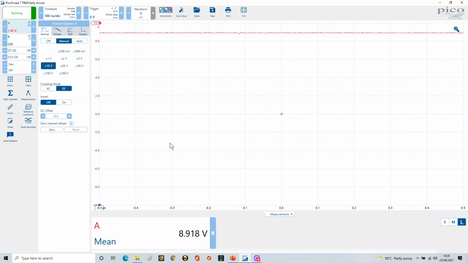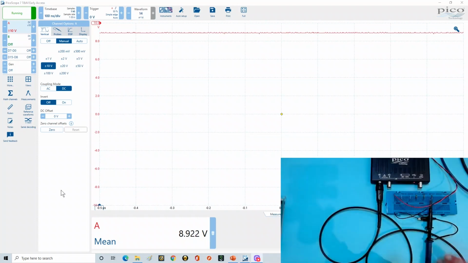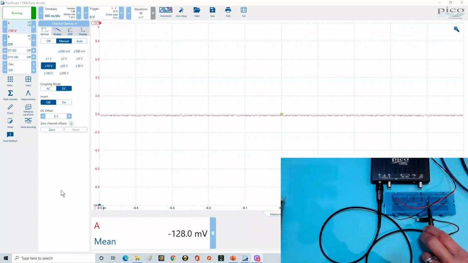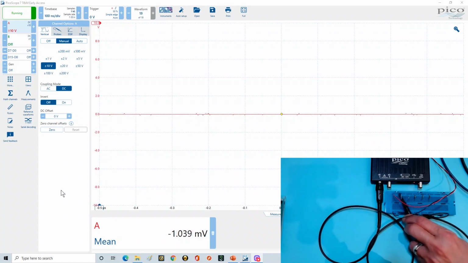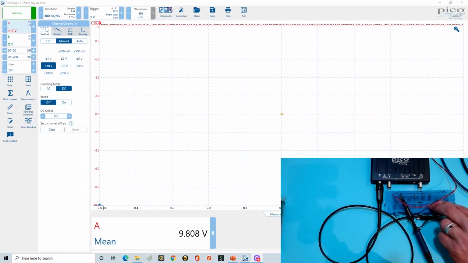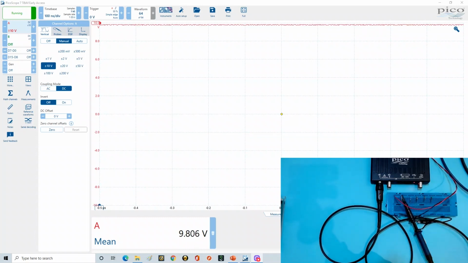What I also want to do now is show you what I'm doing. Let me put my probe back onto here. There's my voltage going in here. That's my bus bar on the top bar there. Right, so we're now on the ×10 probe, and here is the voltage at around about 9.8 volts going in.